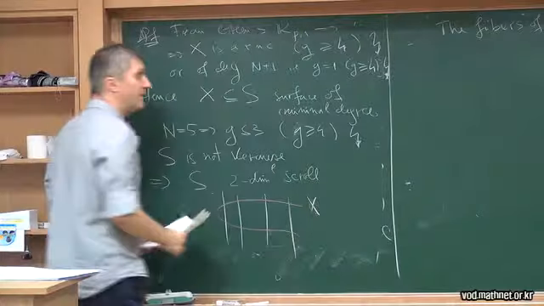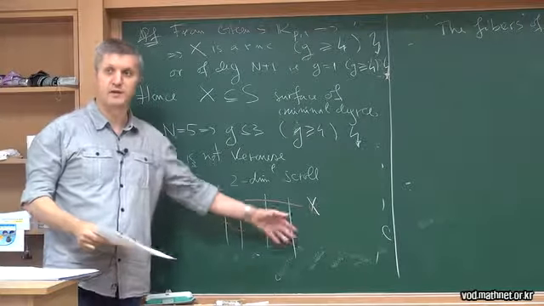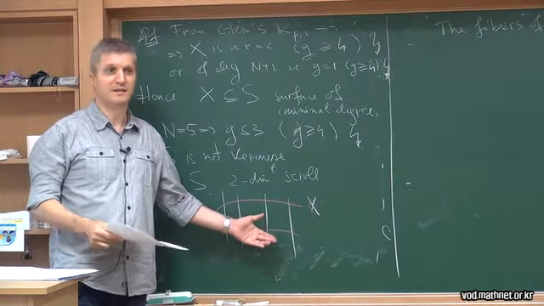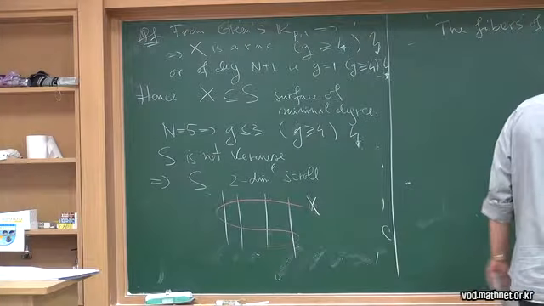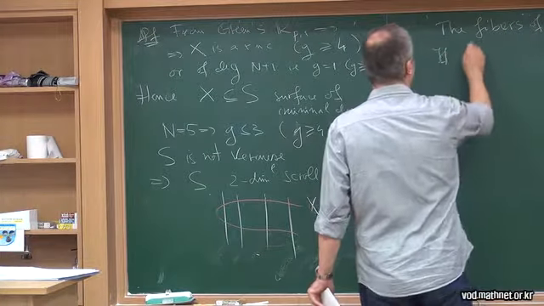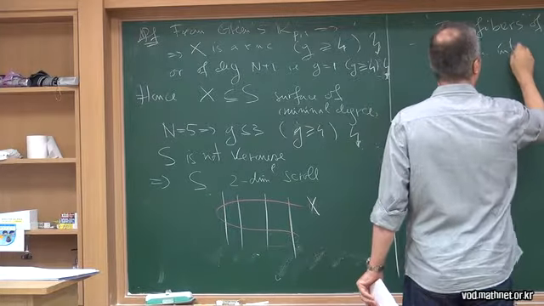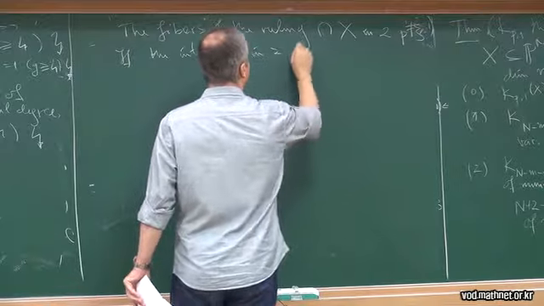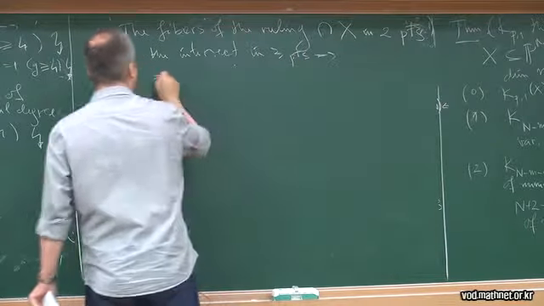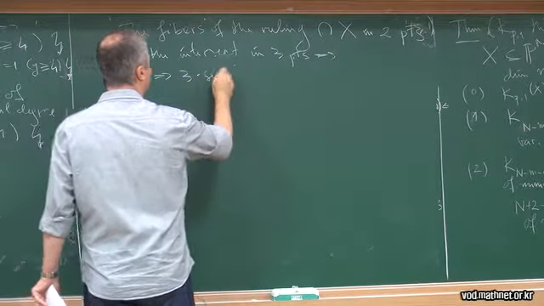If we have this, then they will give a g^1_2, and we obtain that the curve is hyperelliptic. Why? If they intersect in 3 points, then we get a 3-secant line.